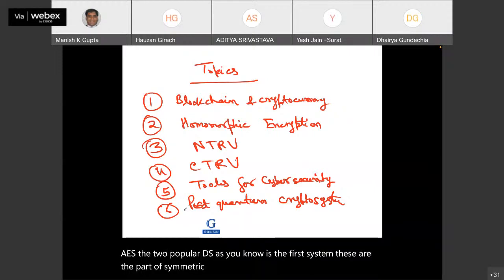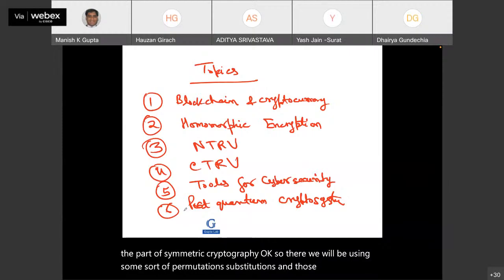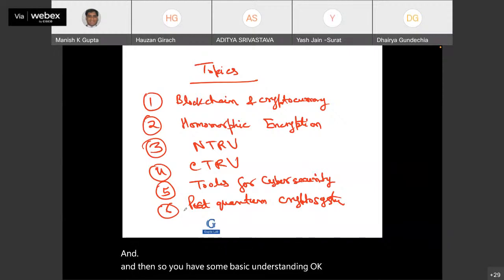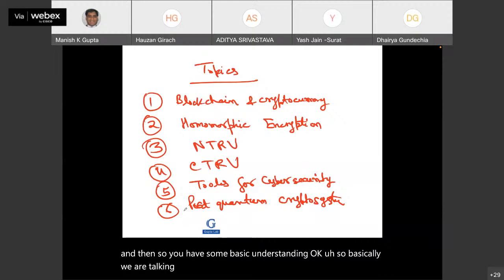There we will be using permutations, substitutions, and those kinds of things, which are pretty useful in developing those algorithms. I will show you how those algorithms work, so you have some basic understanding. Basically, we are talking about block ciphers, and then briefly we'll discuss stream ciphers as well.